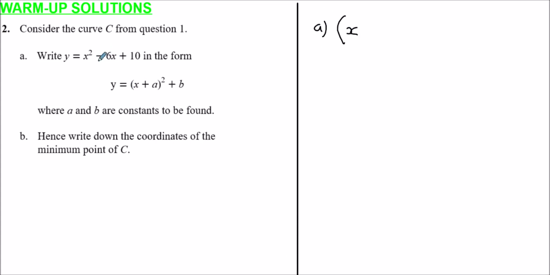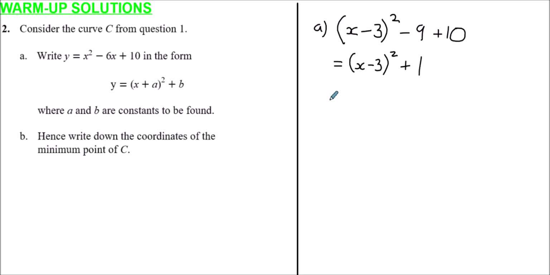We half the coefficient of the x term, so minus 3. We then square that. We then subtract off this constant term squared, so subtract off minus 9, and then just plus 10. And so that will give us x minus 3 all squared, and the minus 9 plus 10 becomes plus 1.